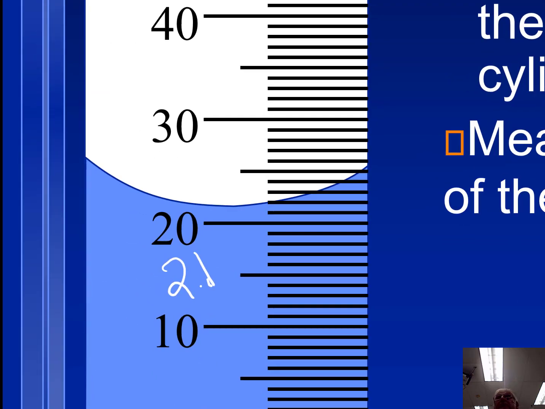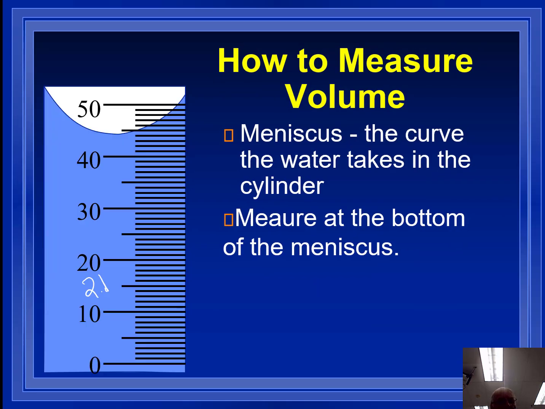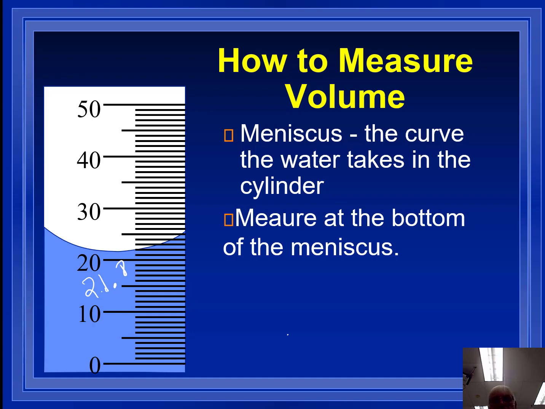It looks like it's pretty close to the top, doesn't it? It's not 21.1. It's very close. It's pretty close to 22. So that'd be 21 point 8, 21.9, 21.7. I'm not real sure, but I know it's not 21.0. I know it's not 21.1. I know it's more than 21.5. Am I sure that it's an 8? No, it's an estimated number.